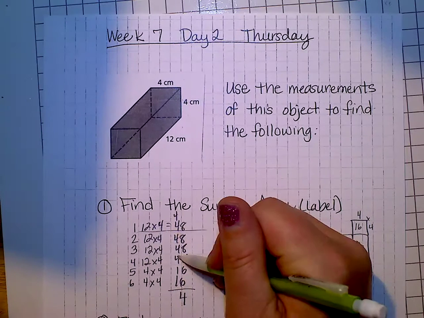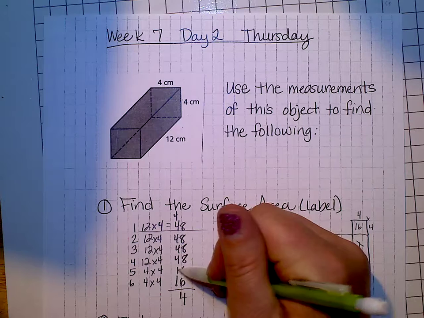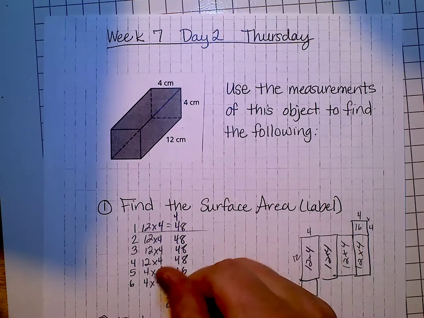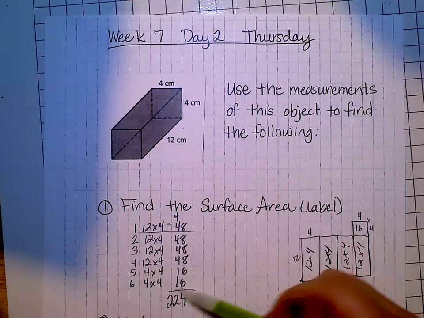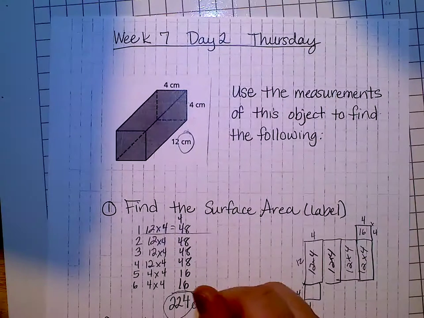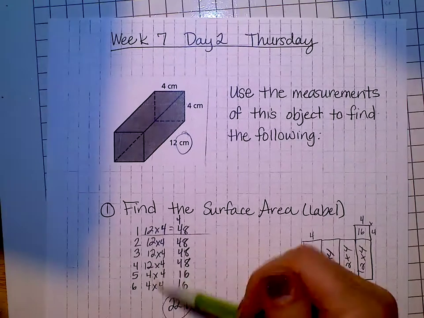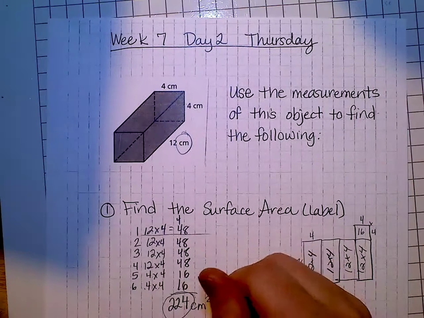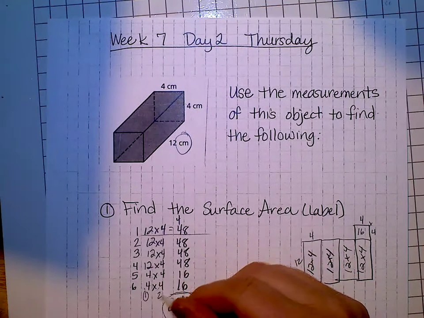I have 5 groups of 4 now, which is 20, 21, 22. And if that was going to be my final answer, I would have to look up here and go centimeters. And area, the numbers that we use is length times width, is squared, because there's 2 numbers, 1, 2.